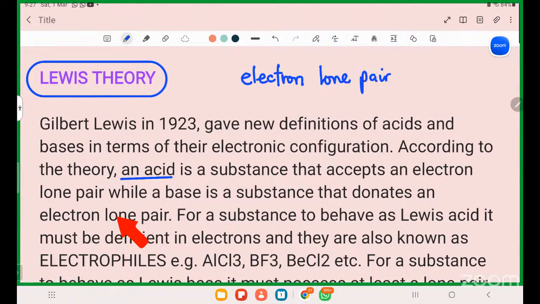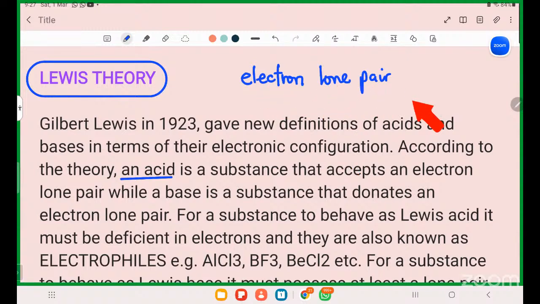Arrhenius gave us the definition of acid and base in terms of hydroxide ion and hydrogen ion. Then Lewis and Brønsted gave us the definition of acid and base in terms of proton. Why did Lewis explain acid and base in terms of electron lone pair?